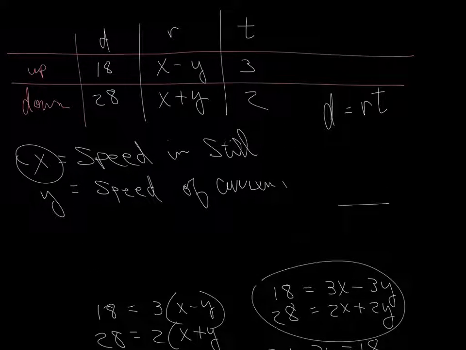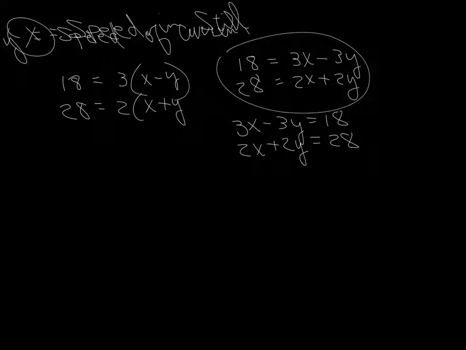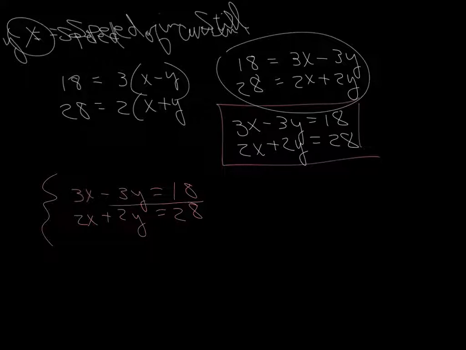Alright, let's see if we can get all this stuff out of here that we don't need anymore. And this is all we really need. Okay, so if that's the case, I'm just going to rewrite it over here, minus 3y. Okay, I'm just trying to get it away from everything else. Alright, so that's what I'm trying to solve. Now notice in this one here, I can pull out a 3.